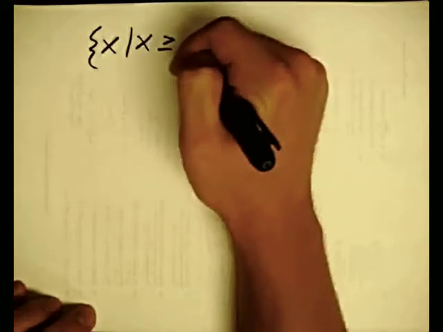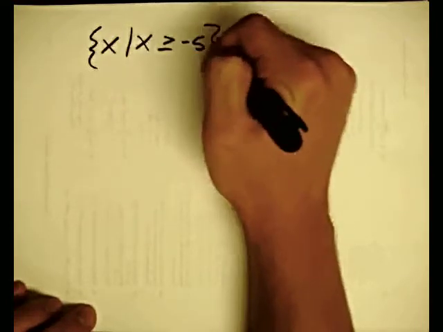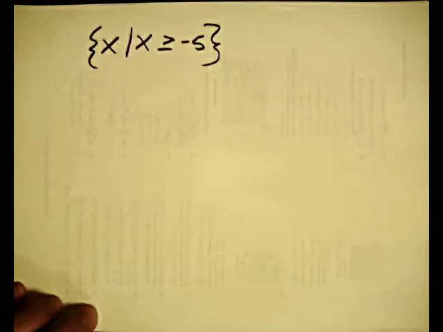So example 1, let's look at how to write a set in interval notation. Our first set is {x | x ≥ -5}. That's referred to as set builder notation.